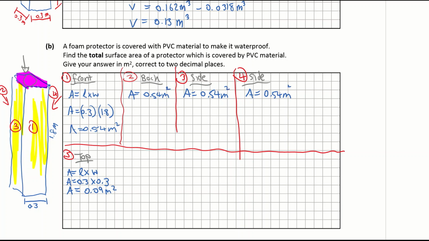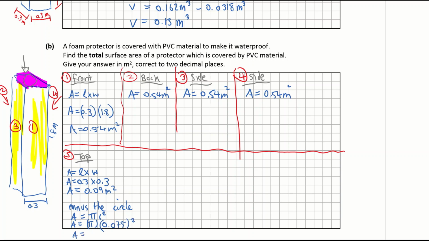I then need to take away, so I now need to remove the circle from that shape. So minus the circle at the top. And the area of that circle is going to be found by using our area formula. And the area of a circle is found by pi r squared, which is going to be pi button on my calculator. The radius we have from part A up above, the radius of that circle is 0.075 and I have to square it.